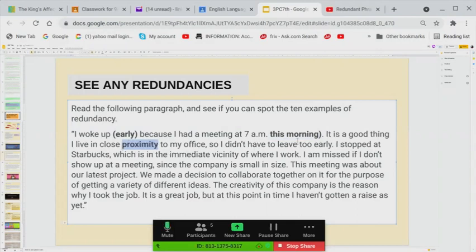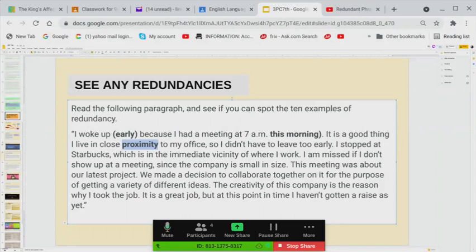Next sentence. "I stopped at Starbucks, which is in the immediate vicinity of where I work." See any redundancies? There's one there. Two words mean the same thing in that sentence.